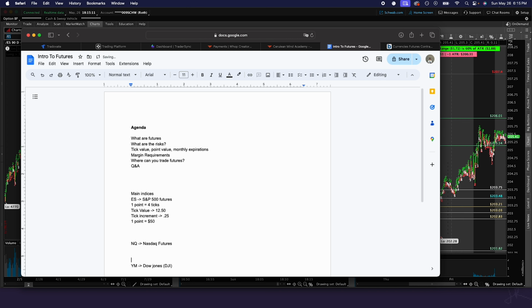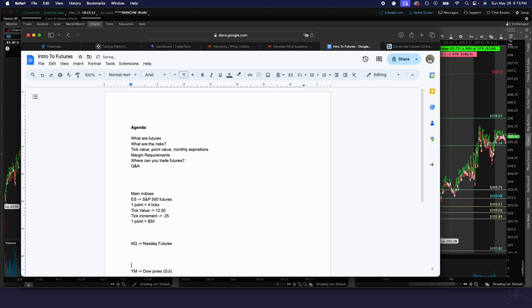Just a little tangent. So for NQ, very similar to ES. It has 4 ticks. Is it 4 ticks? I haven't traded in a while. Let's see what the internet says, so I'm not here talking out of my behind. Yeah, the same thing.